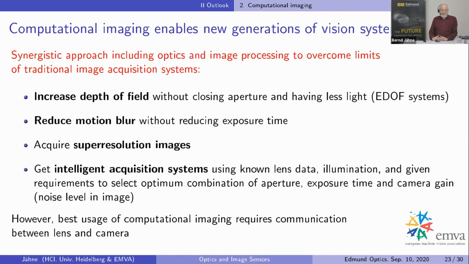Remember, we are entering the age of embedded vision. So more and more processing is going on really in the camera. So you have the options. And imagine now that your camera knows about the lens data, the illumination and whatever. Then you can make a system which by itself is intelligent enough to select the optimum combination of aperture, exposure time, and whatever, and even noise level in the image.